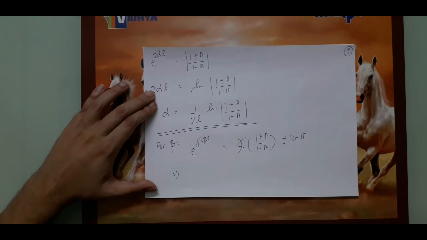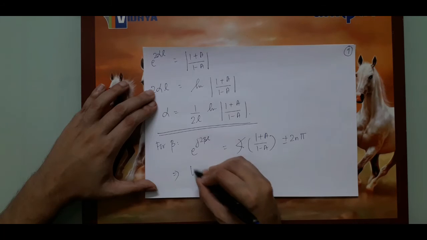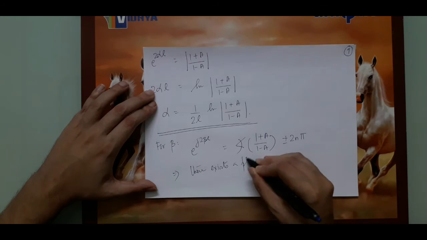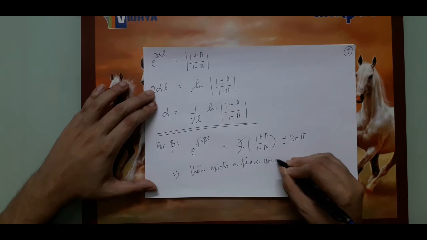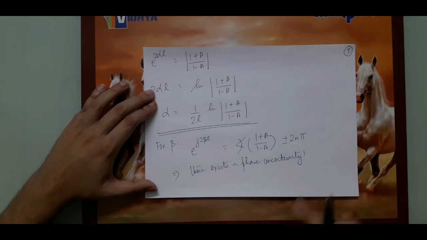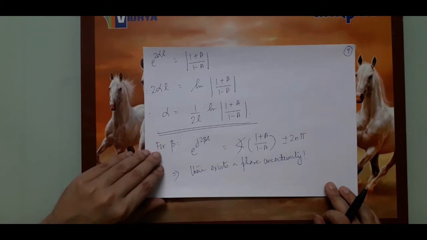Now, how do you remove that uncertainty? You can remove this by doing measurements multiple times.